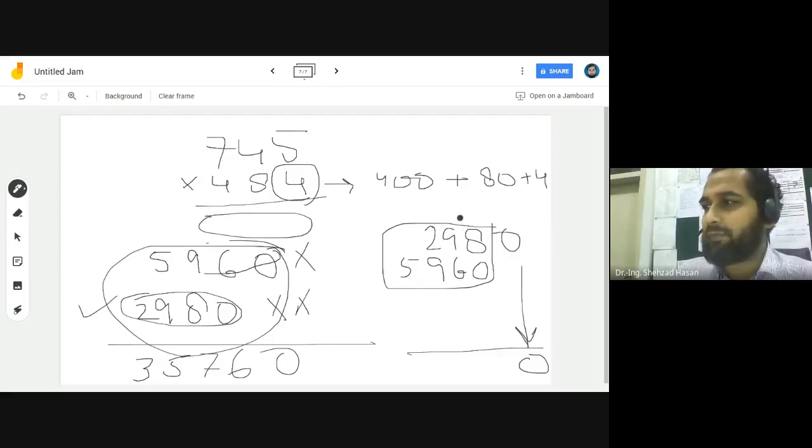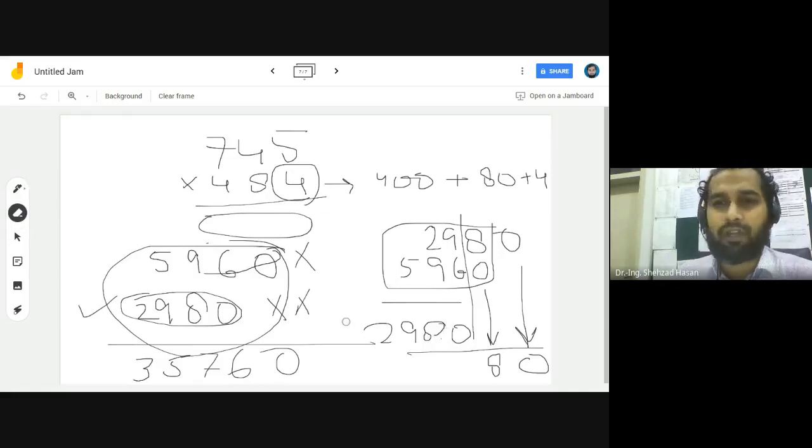And once this has been added, I know that this result is part of my final answer. And whatever result comes over here, I just have to add 2980 to it to get my answer. So I'm not concerned with the remaining bits in this case, right? So this is the difference. In a right shift algorithm, you need a smaller adder. You can work with the smaller adder, right? So is this clear?